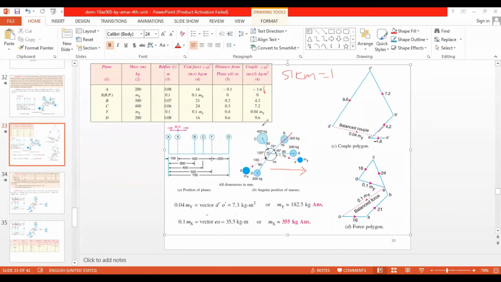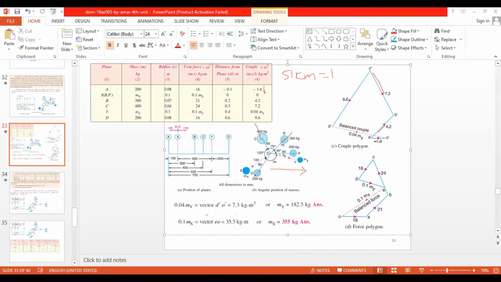Then the next one, B to C. This is going at the angle 45 plus 70, so from here I will draw a parallel line to this. Now these and these are parallel to each other, and the dimension is 7.2.